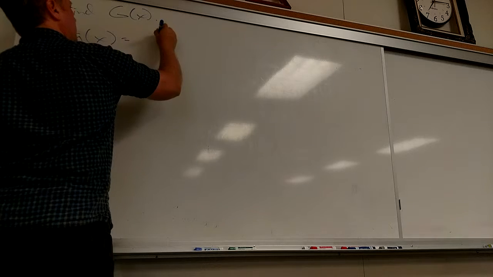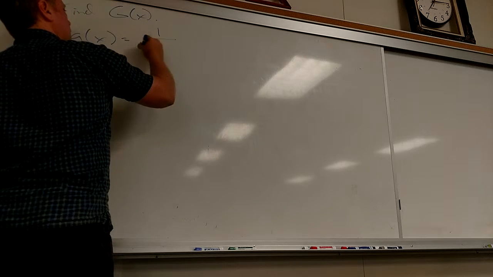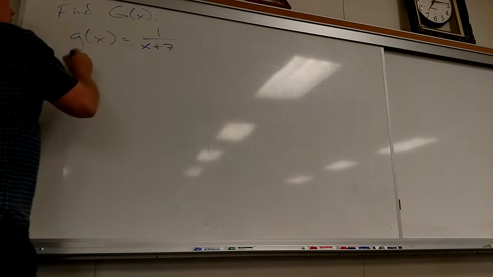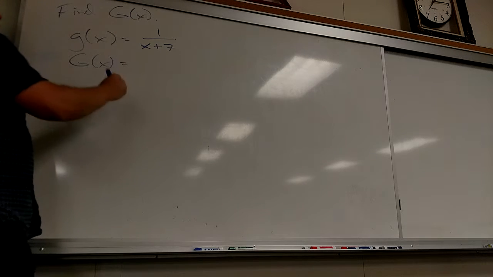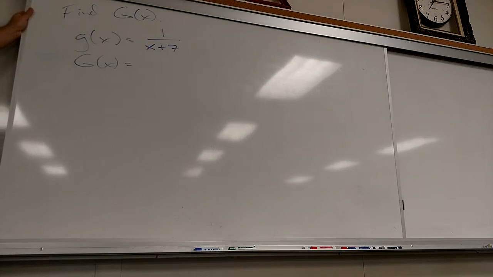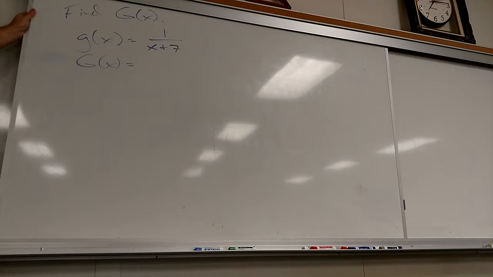So what if I had this here? Let's see. What do you got, Jeff? 1 over x plus 7. What would capital G be? So again, now if you start to really think about these and do these, you'll realize it is this whole thing about thinking backwards. Where would that have come from?